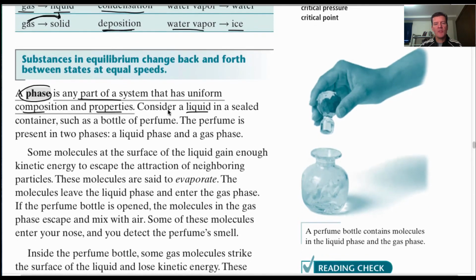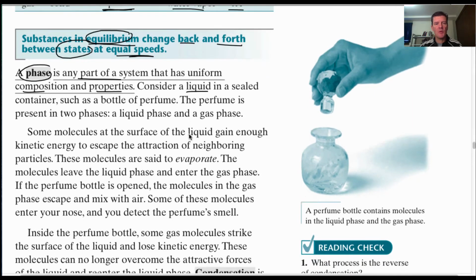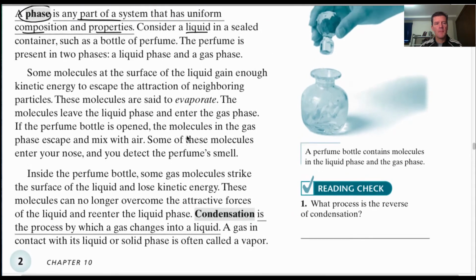It's important to know, and we'll talk about equilibrium in a whole other chapter, but when something has reached its boiling point, melting point, freezing point, what is happening is you have equilibrium, meaning that substance is going back and forth between two states at equal speeds. And we'll discuss that a little bit more. Okay, so hold on to that thought.